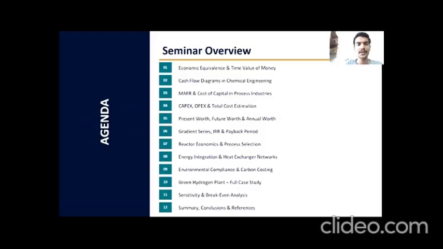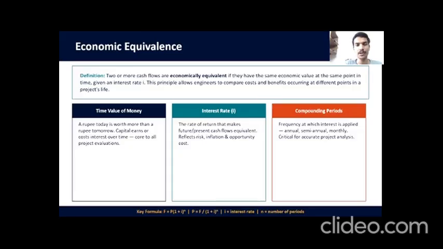So these are the contents of the PPT, and moving on to economic equivalence and time value of money. At its core, economic equivalence means that two different cash flows have the same value at the same point in time, provided we apply a specific interest rate. This is rooted in time value of money.